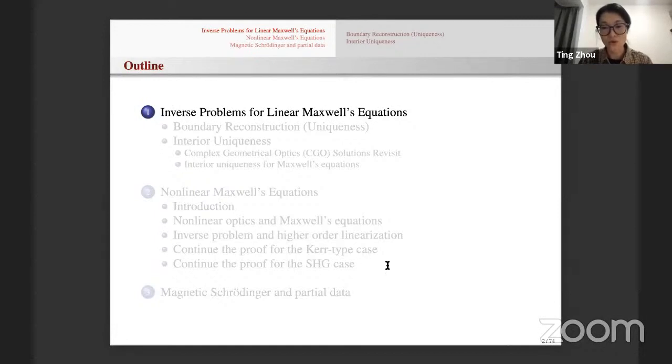Essentially, you want to show certain density of a product of solutions. So I feel it is not too much of a digression from the topic by mentioning this third part, but only if time permits. Right? Okay, so we'll focus on the inverse problem for linear Maxwell's equations now.